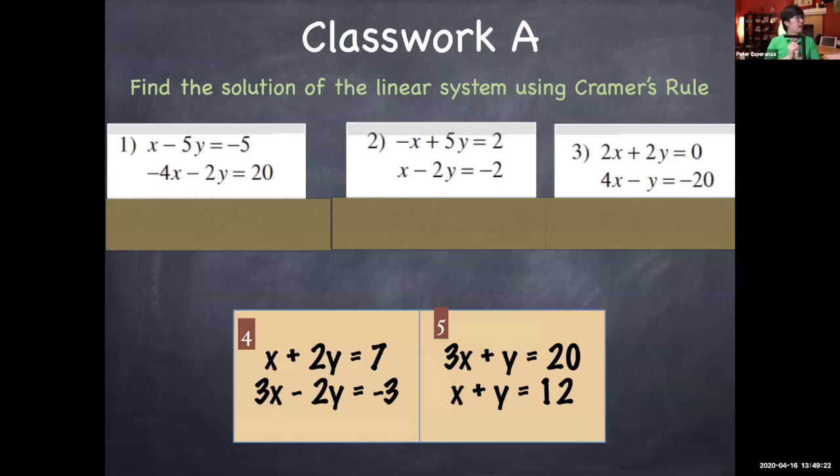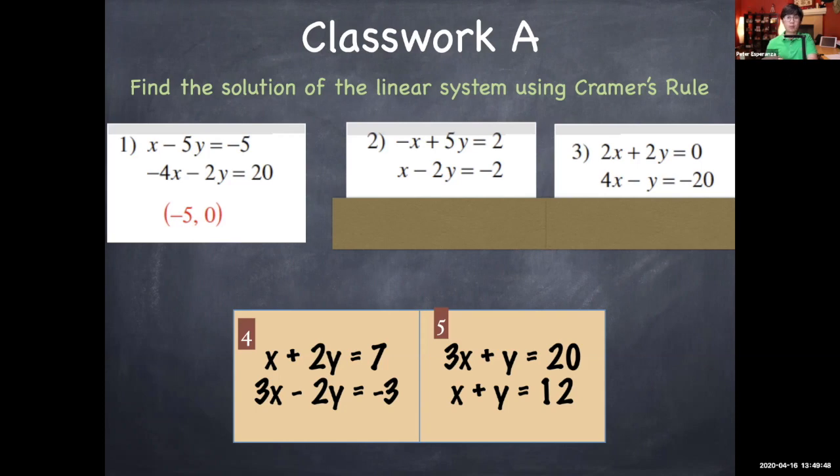Okay. Can you please work on number 2? Don't work on number 1. Let's work on number 2. Can you please write it down? Negative x plus 5y equals 2 and x minus 2y equals negative 2. We will use Cramer's rule in solving for this problem. So I'm going to work it out with you.